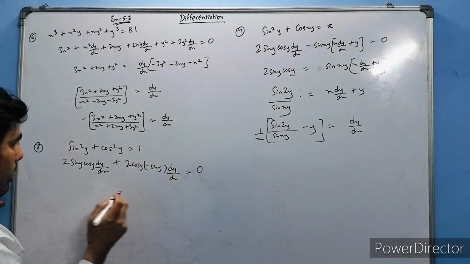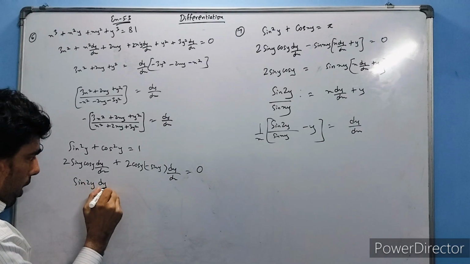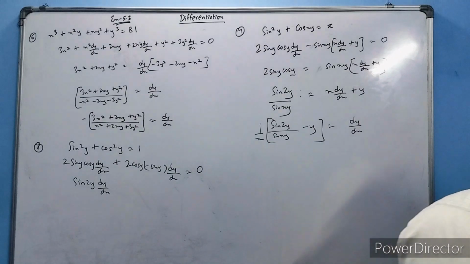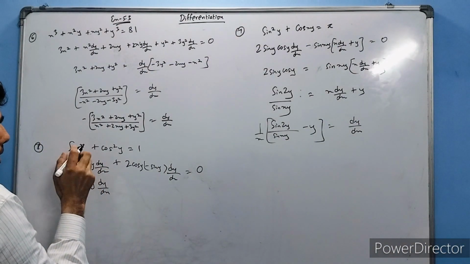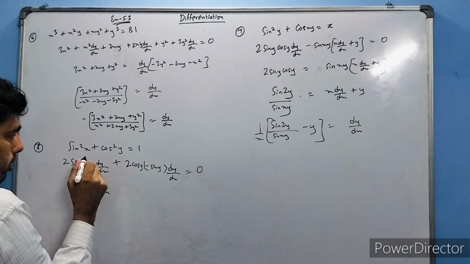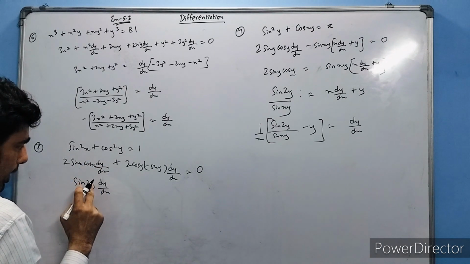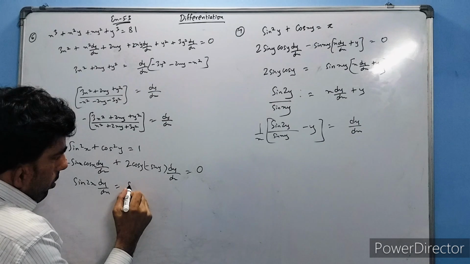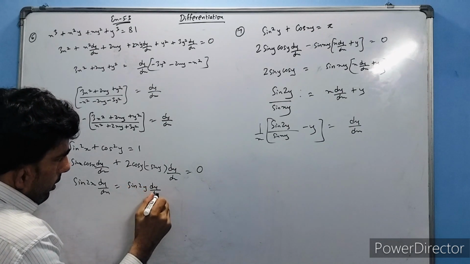That's minus, we'll take on that side. So we have sin 2y dy upon dx, then we have sin square x, so here will be x. Okay, so we have sin 2x is equal to sin 2y dy upon dx.